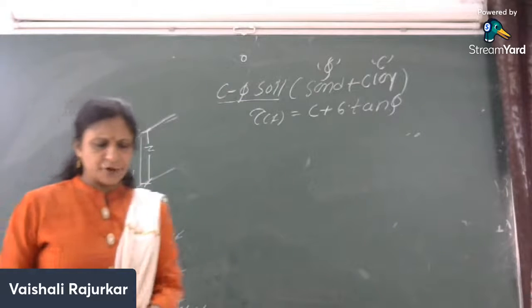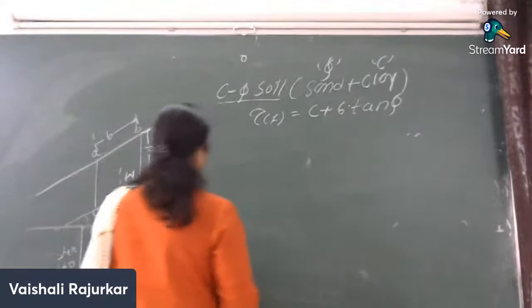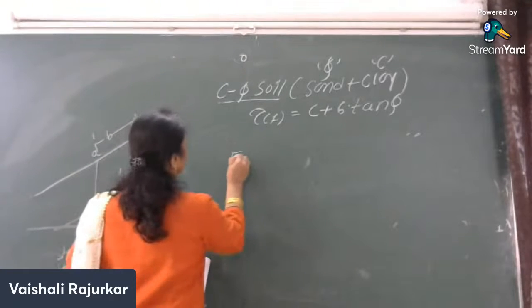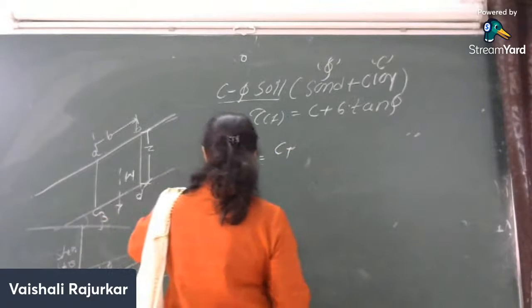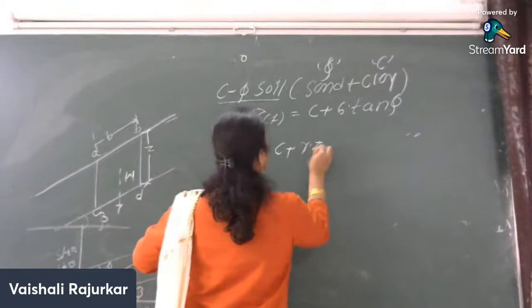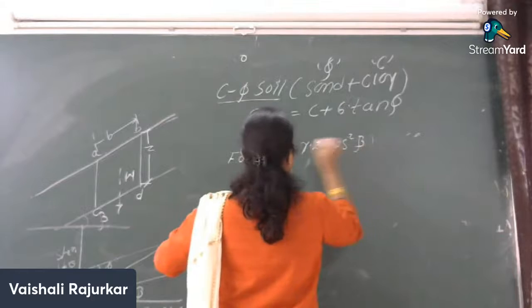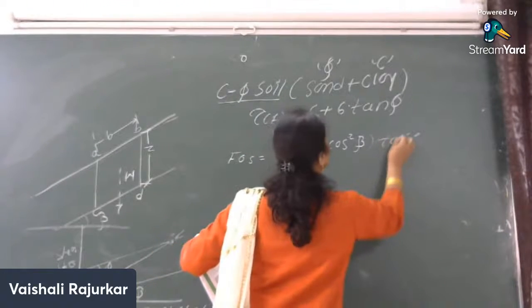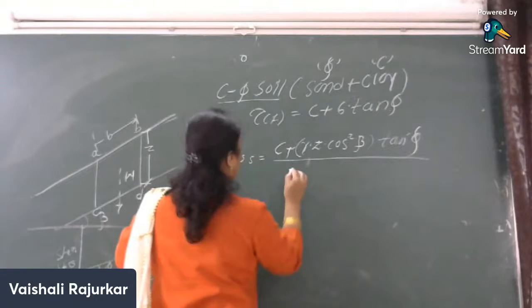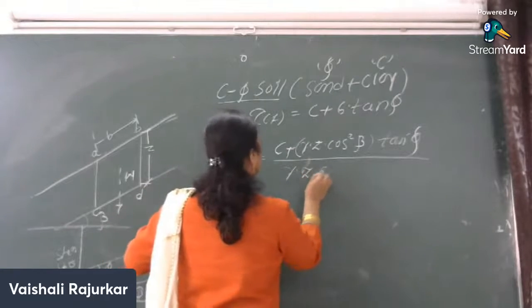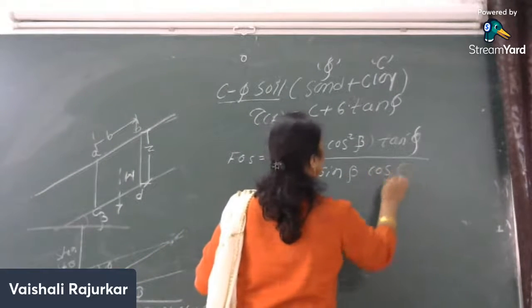The factor of safety in C phi soil will be C plus gamma into Z cos square beta into tan phi, upon gamma into Z sin beta into cos beta.